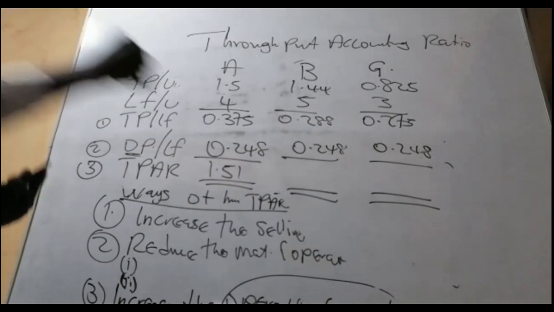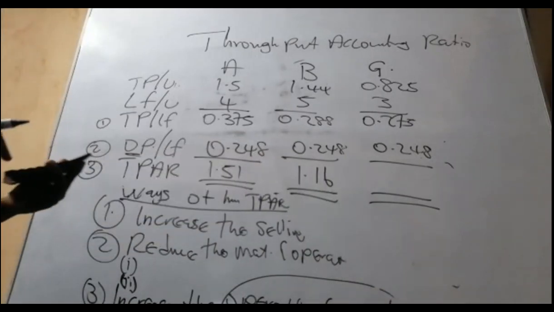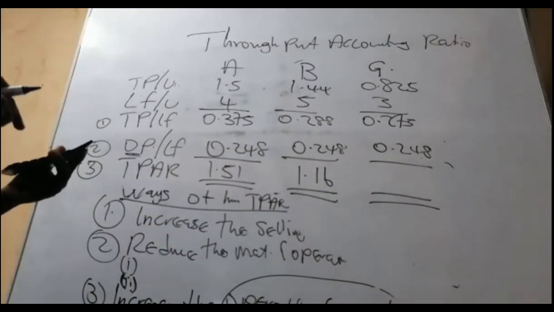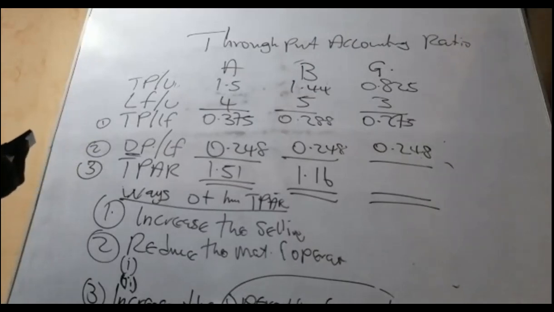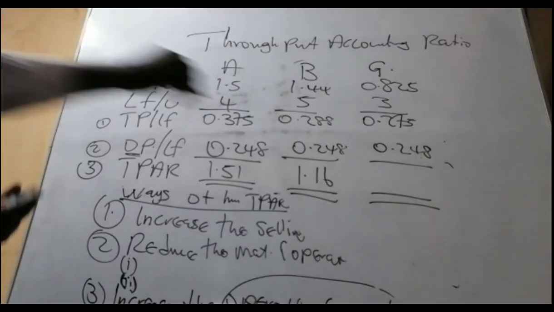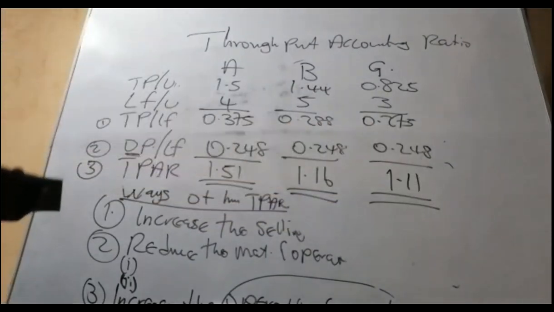That's great. The next one will be 0.275 divided by 0.248. That's 1.11. That's great. So 1.11. I am done.